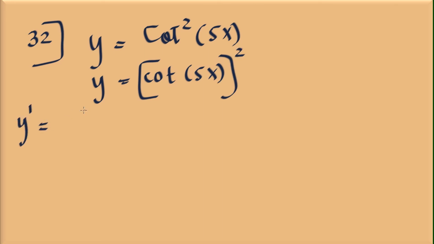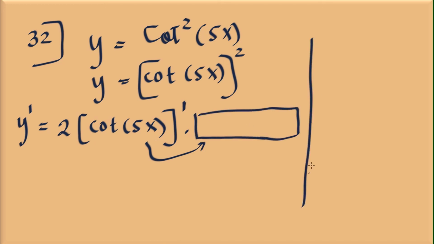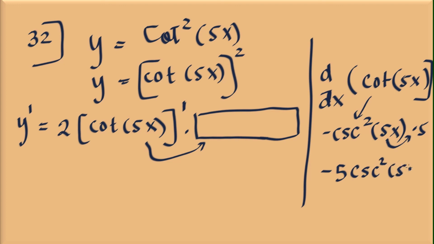So the y prime is going to be 2 times cotangent of 5x raised to the first power, and then multiply this by the derivative of cotangent 5x. So what is the derivative of cotangent 5x? The derivative of cotangent 5x is negative cosecant squared 5x times 5. Okay, so we have negative 5 cosecant squared 5x.